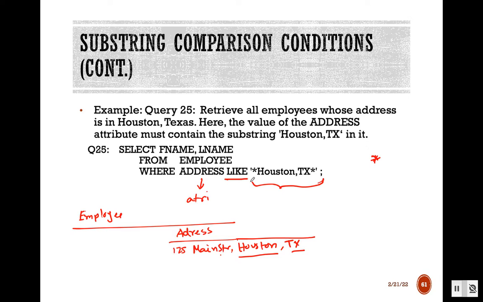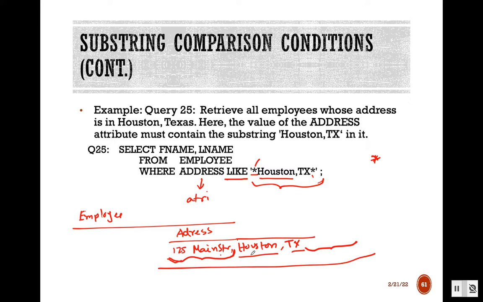So how will this work? It is going to find where address LIKE, I can have any arbitrary number of characters here, then I should have Houston, Texas, and after Texas I can have an arbitrary number of characters. So the percentage symbol will be replaced with any arbitrary number of characters, and after Texas it will also be replaced with any arbitrary number of characters.